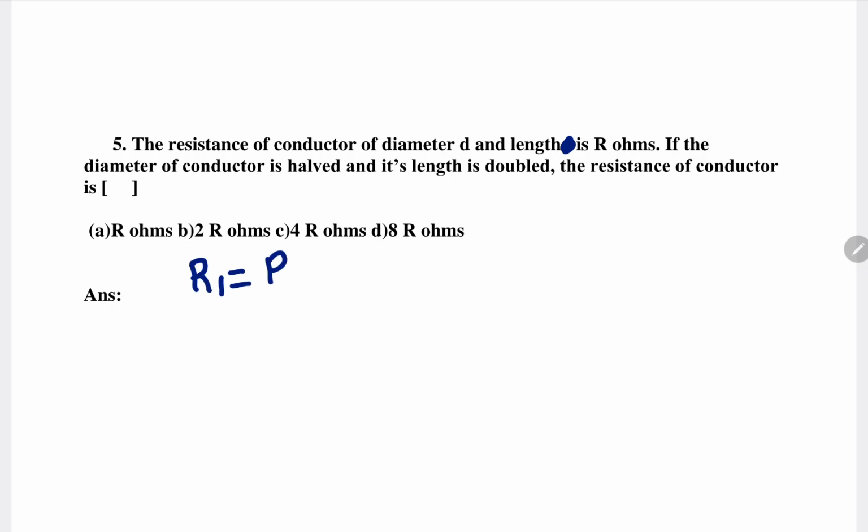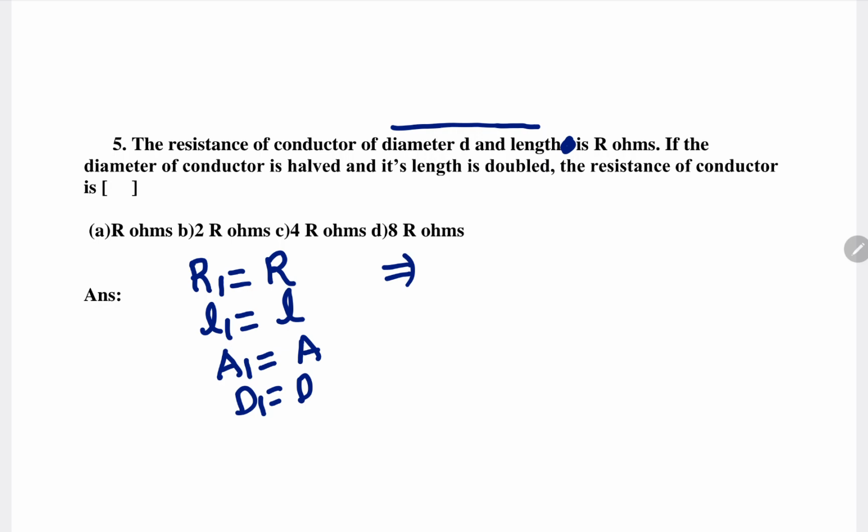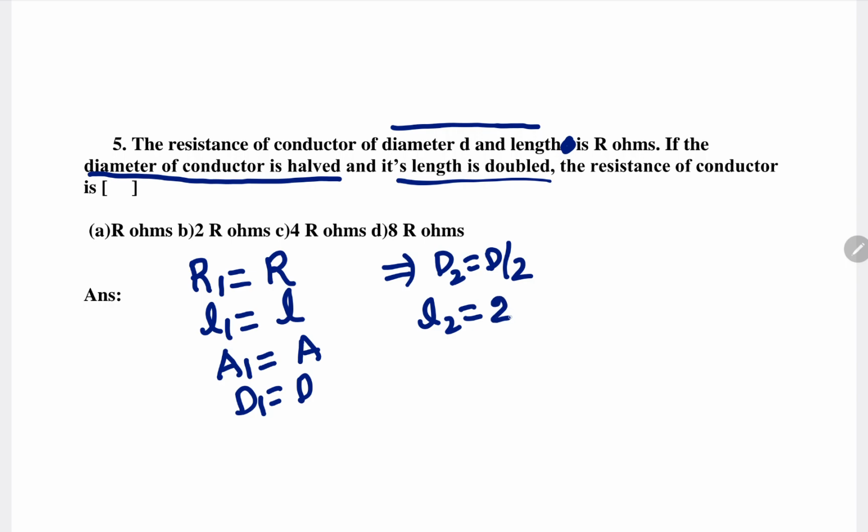Initially, the resistance R1 is R, length L1 is L, cross sectional area is A, and diameter is D. After the dimensions are changed, the diameter is halved, so D2 is equal to D by 2, and the length is doubled, so L2 is equal to 2L.